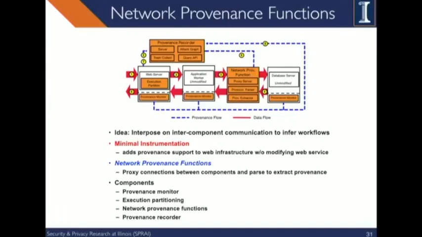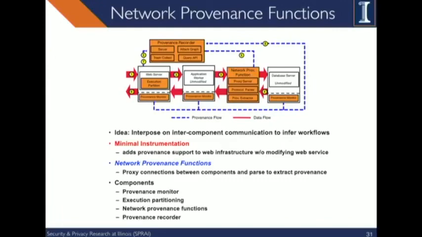So in order to enable this, we're going to introduce this box here. Orange is the things that we've messed with. So we have our LPM provenance modules in the operating system, but between components, so that we don't have to manipulate the actual application or the actual database, we're going to implement an explicit forward proxy that basically interposes on the traffic, parses the communication, and then generates provenance.